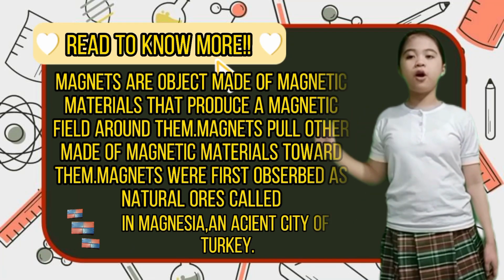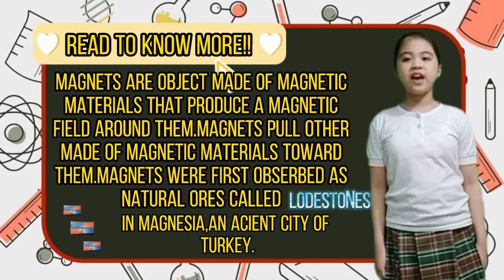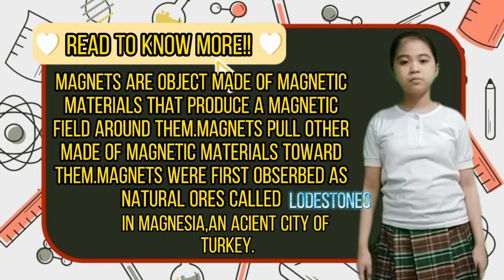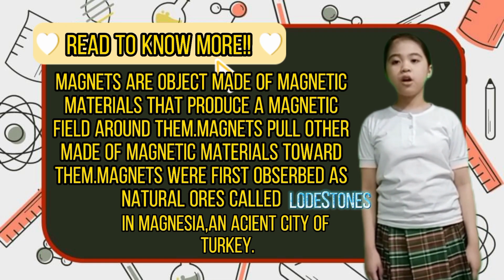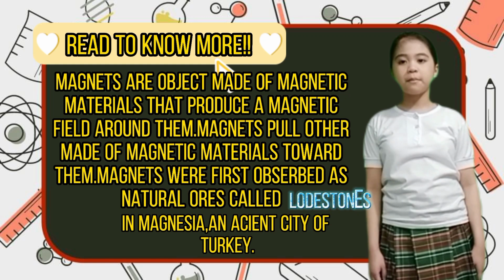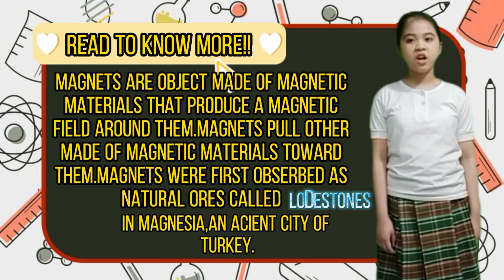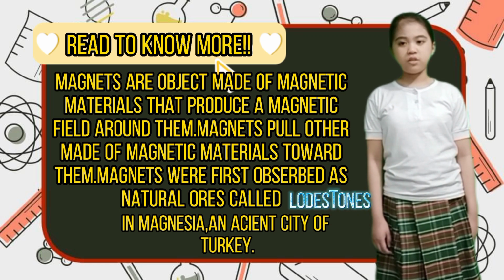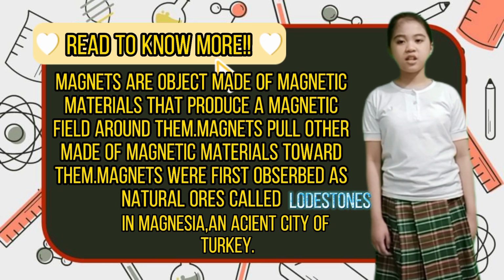Read to know more. Magnets are objects made of magnetic materials that produce a magnetic field around them. Magnets pull other objects made of magnetic materials toward them. Magnets were first observed as natural rocks called lodestones in Magnesia, an ancient city of Turkey.